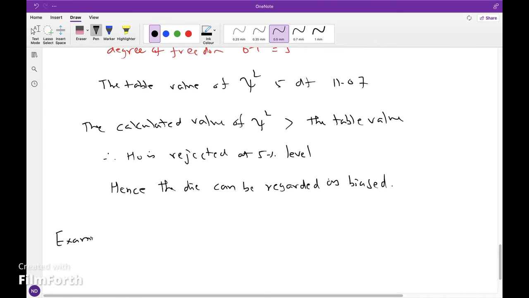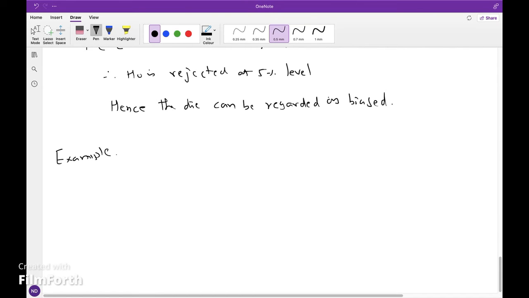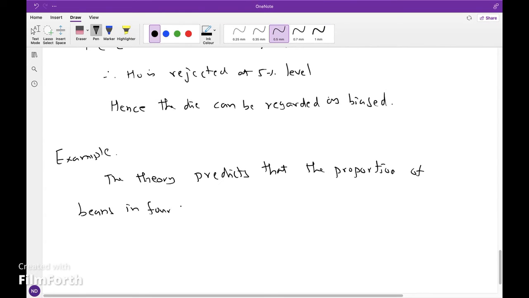Another example. The theory predicts that the proportion of beans in 4 given groups should be 9:3:3:1.